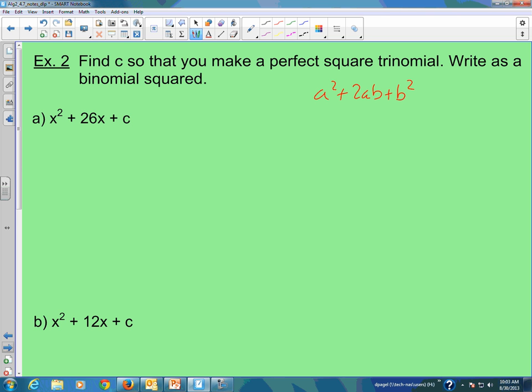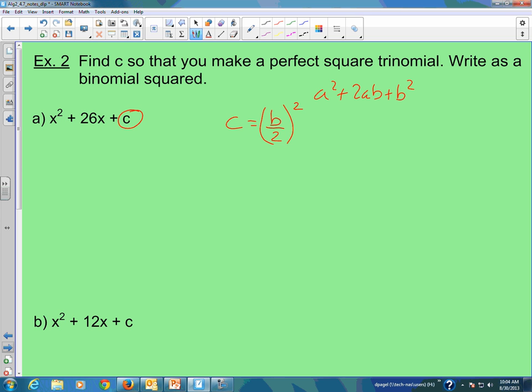And again, this c value is found by taking whatever the b term is, half of the b term, squaring it would produce this value of c. And by me finding these values of c in this way, I am able to then take that trinomial and make it a perfect square trinomial, where it may not have been that before.